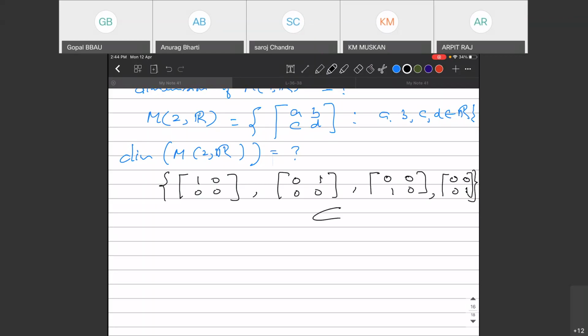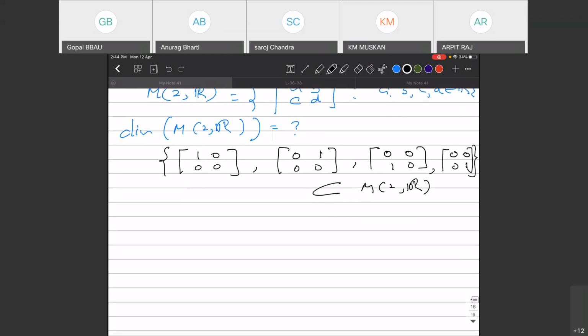So clearly this is a subset of M2R. Say this is the set S, okay. So the span of S is M2R. Any element of M2R can be represented as a linear combination of the elements of S. And the second thing is S is linearly independent.